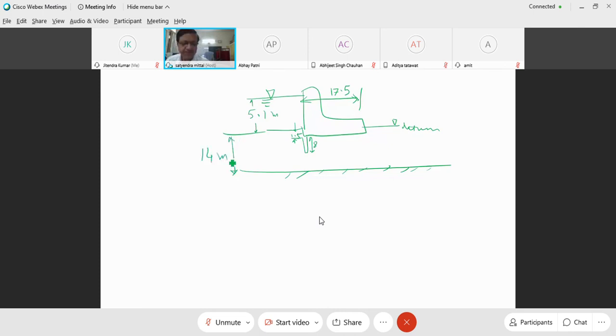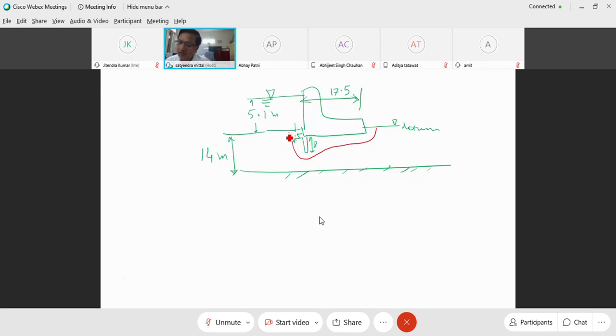Now, this is a real life problem. All the dimensions have been defined, and the sheet pile or cutoff wall, whatever you call it, has also been provided. This will help you in solving the next tutorial. So we can draw the flow net.